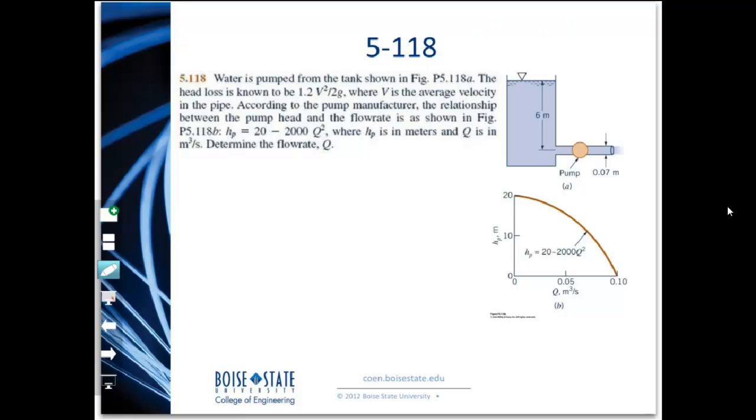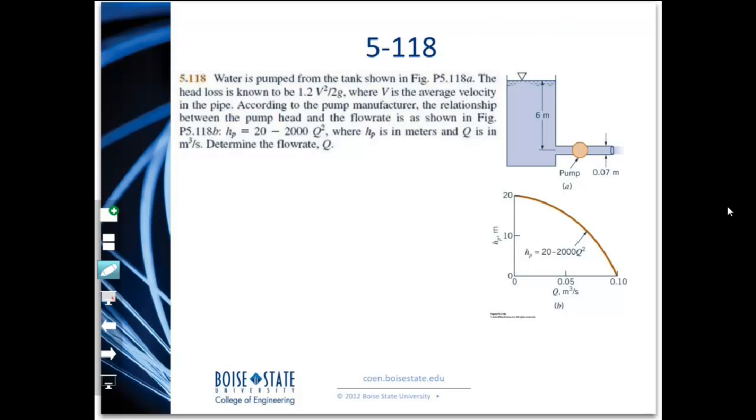In the previous case it was 0; in this case we are given it, where V is the average velocity in the pipe. According to the pump manufacturer, the relationship between the pump head and the flow rate is given. So this is your HS. HP is 20 minus 2000 Q square, where HP is in meters and Q is in cubic meters per second. We're asked to determine the flow rate Q.